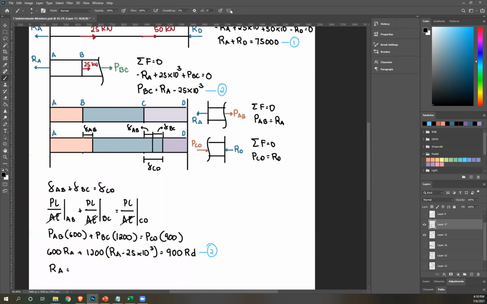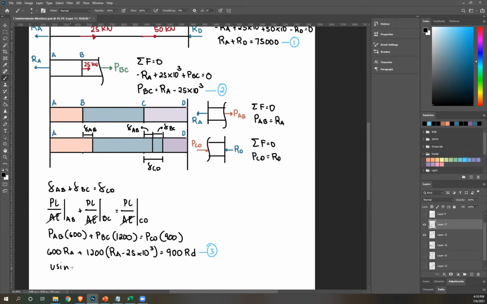36.11. Oops, that's not equation 2. It's equation 3.